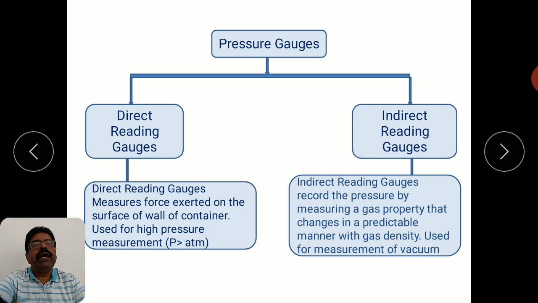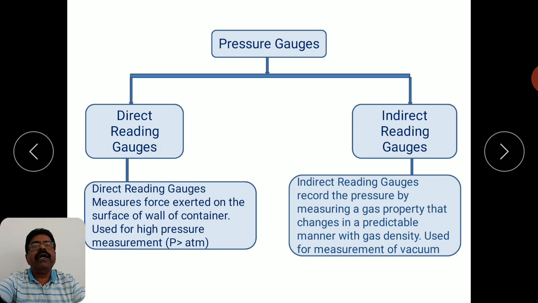When the gas density changes, gas density meaning the number of gas molecules per unit volume, there are certain changes in certain properties of the gas. This change in gas property can be related to the level of vacuum. When gas density changes, that means you are going to lower and lower pressure levels, towards a high level of vacuum.